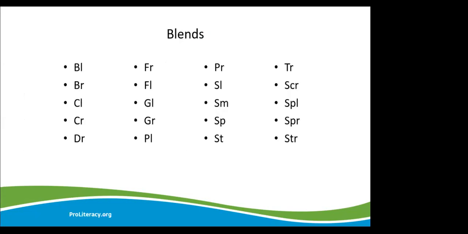But digraphs are different from blends, where we have two sounds that pull together to create a more unified sound. In general, we tend to have double letter and triple letter blends. We don't often go beyond that. Pl, sm, spl, spr. Where you don't hear a vowel in the middle there, it's definitely that combination of the consonants blended together.